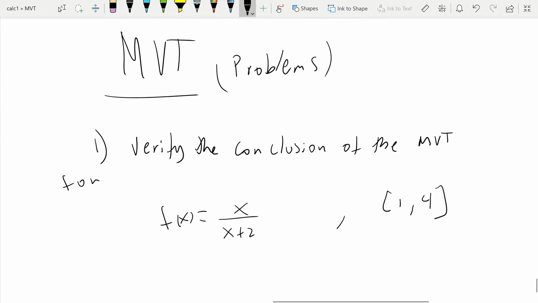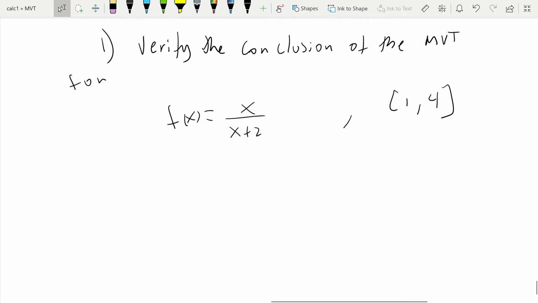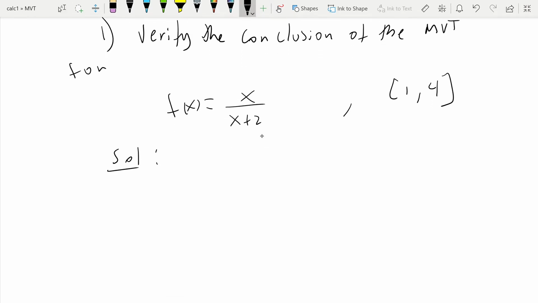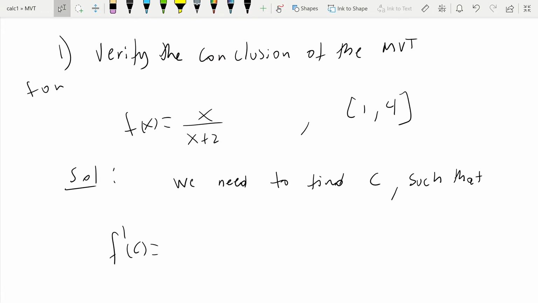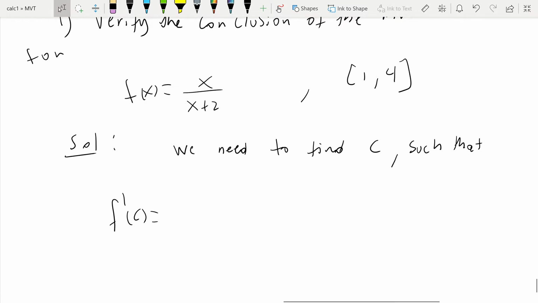Okay, so let's try not to forget what we have to do for this kind of problems. What we need to find is C such that f prime at C is equal to the slope of the secant line joining 1 and 4 in the graph of f.